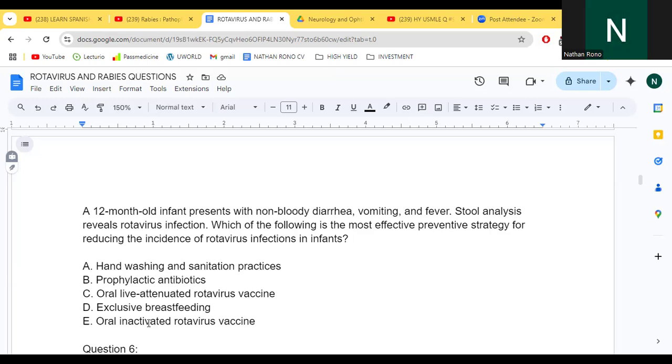Then Sabin is the live attenuated. It is the live microorganism, but it is non-pathogenic. Basically it cannot cause disease, but it is the live virus itself, okay? So remember Salk is killed or inactivated, and Sabin is live attenuated.